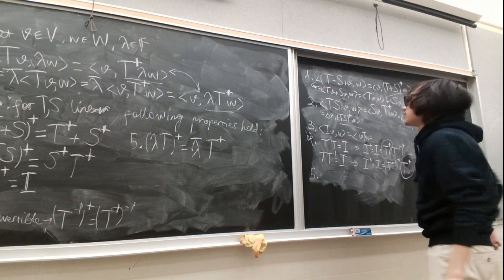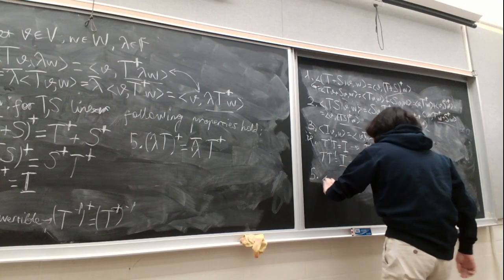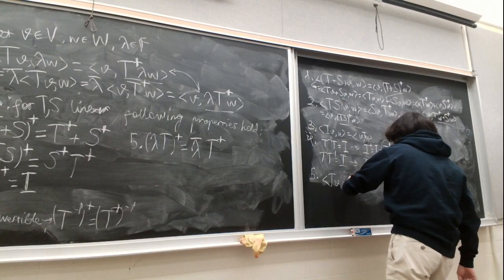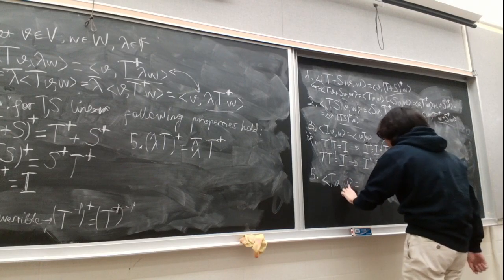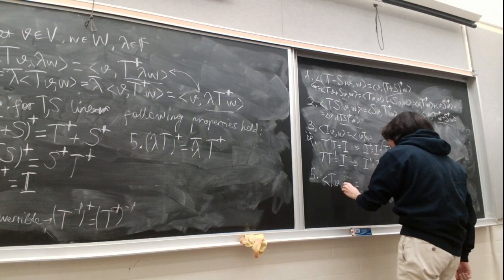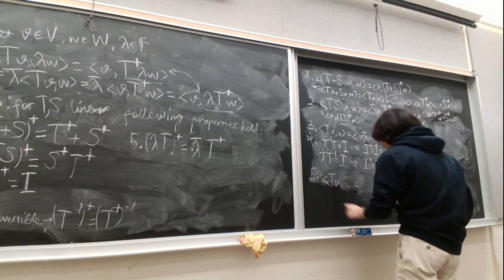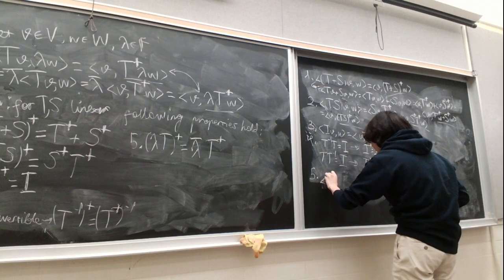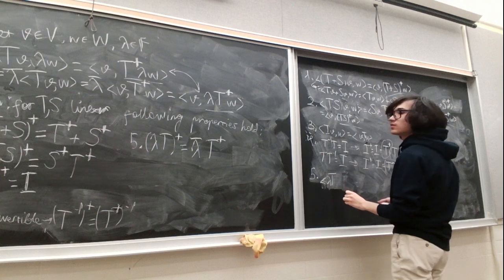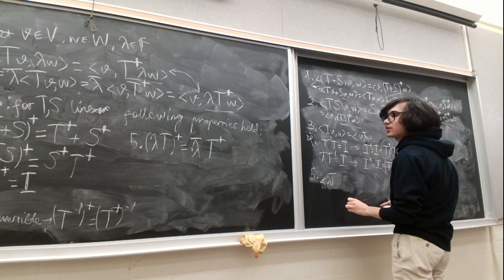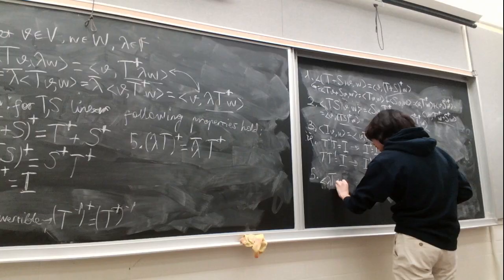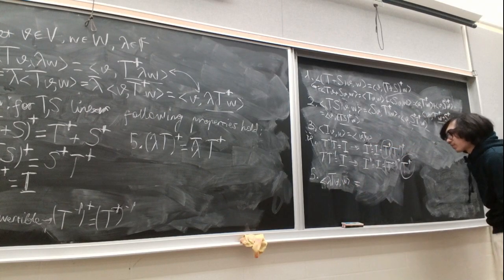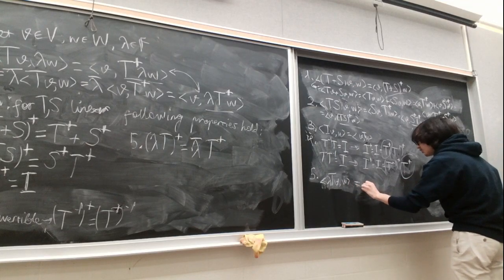And then finally the fifth property, also fairly simple. We take T of V with W, and we can take out lambda.